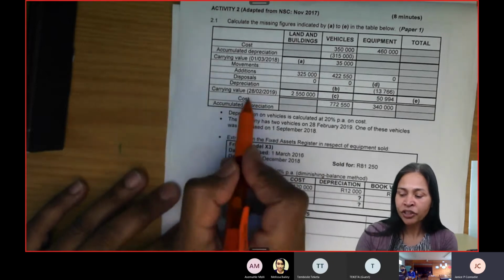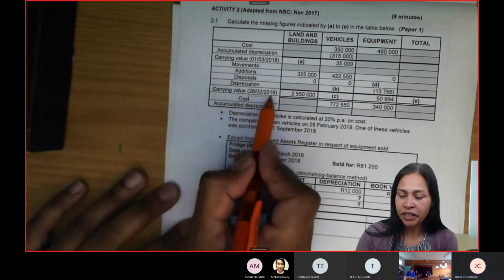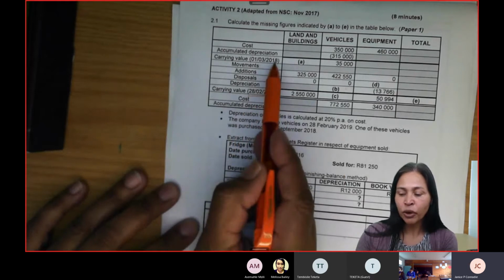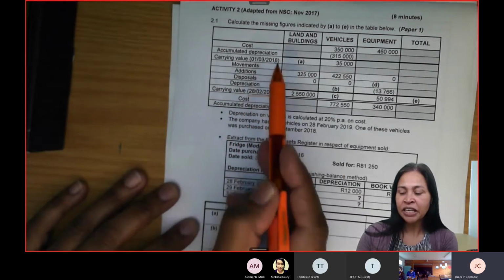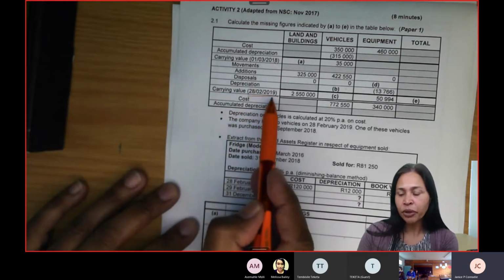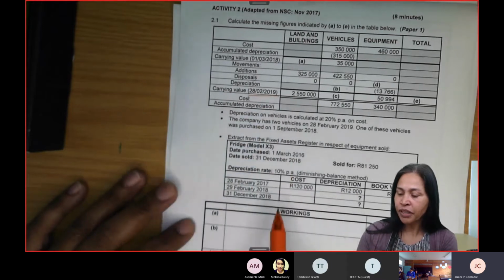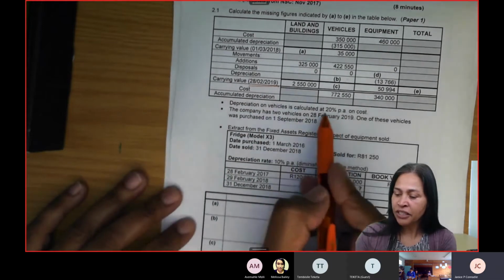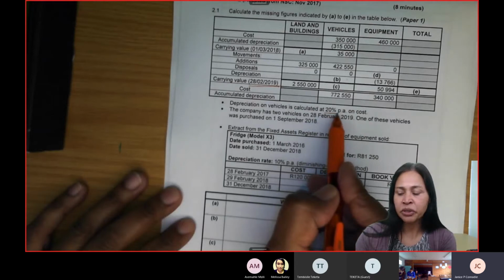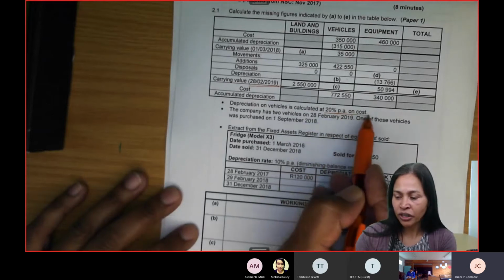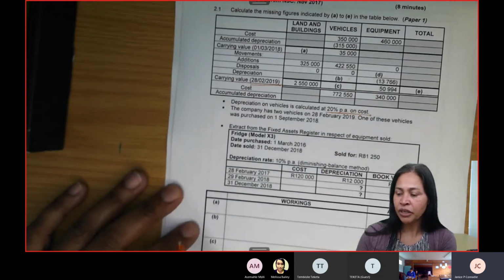Take into account your financial period is given here. So it started on the 1st of March 2018. It ended on the 28th of Feb 2019. That is important information. Then I've already said it is the rate that is important, 20% on the cost.